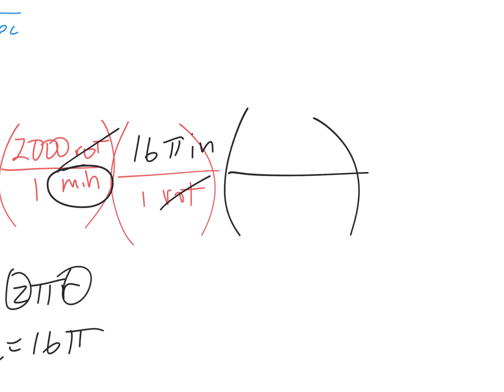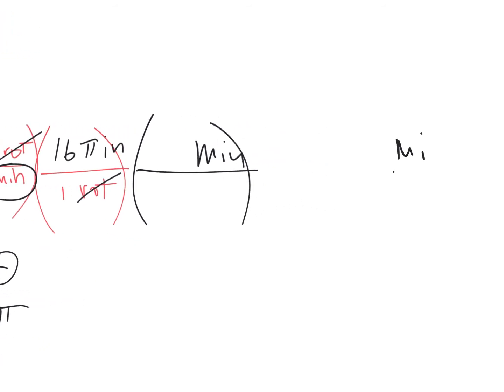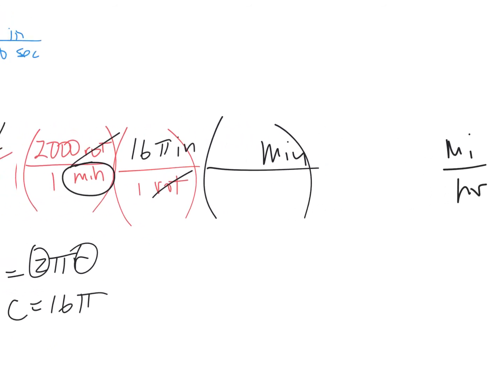We need a minutes here to cancel the minutes. What's a fact we know about minutes that's going to get us closer to our goal, which is miles per hour? 60 minutes is 1 hour. Excellent. Minutes cancel. Now I'm down to inches per hour.